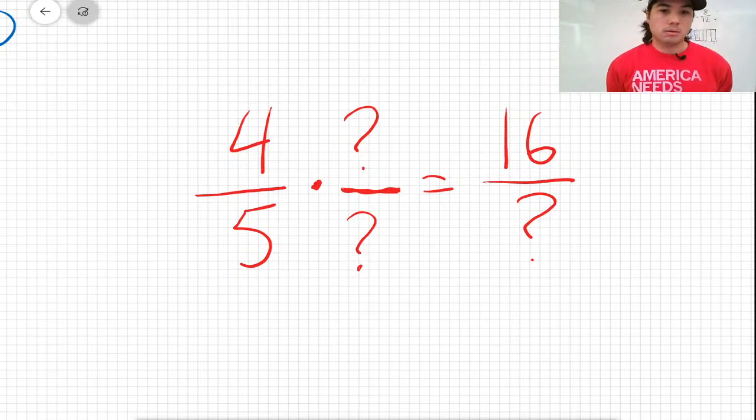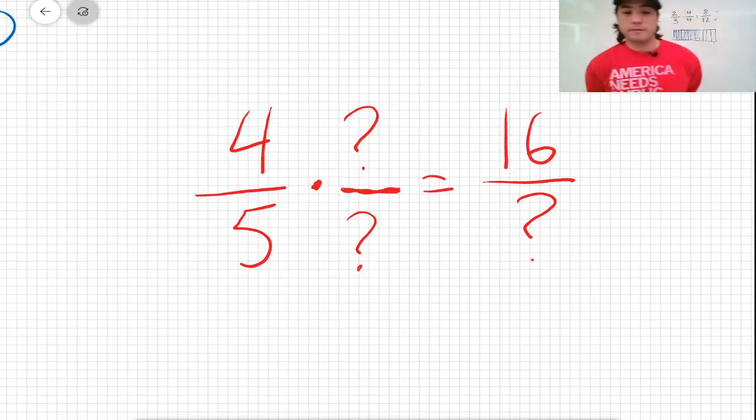We know that numerator times numerator is going to get our numerator in the product. We know denominator times denominator is going to get us our denominator in the product. But do we have enough information yet to know what our denominators are? Not really, huh? Because we only have one of the three. But we do have enough information on top.